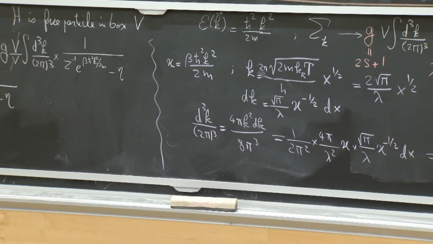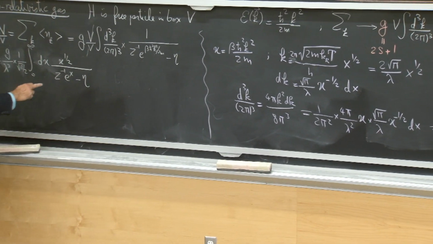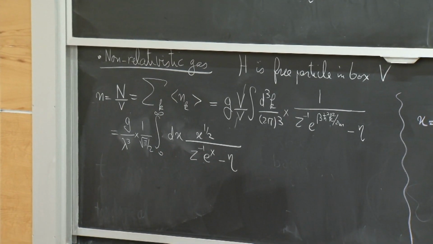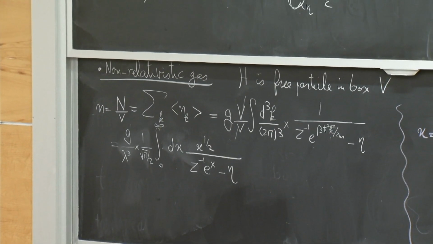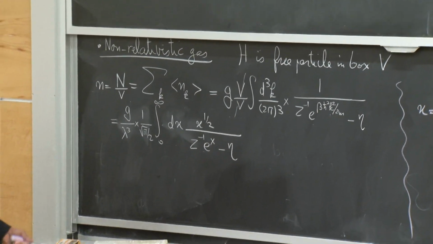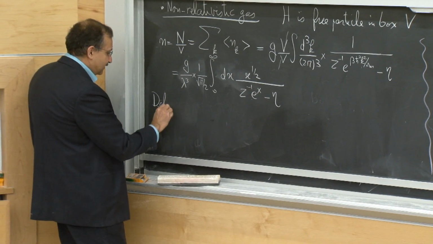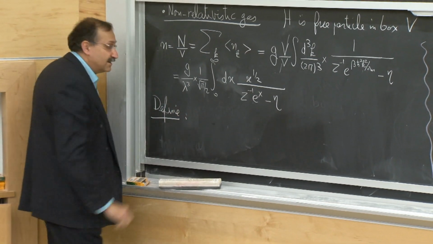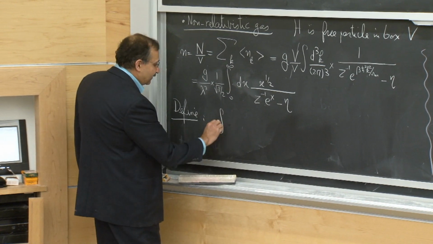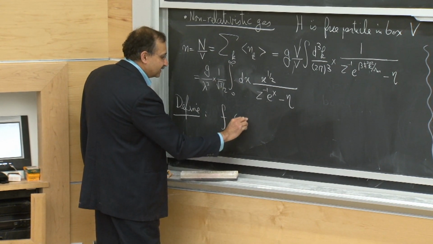So we did all of these, and we ended up with an integral that we don't recognize. So what we are going to do is to pretend that we recognize it and give it a name, right? So we define a set of functions f sub m of variable z.